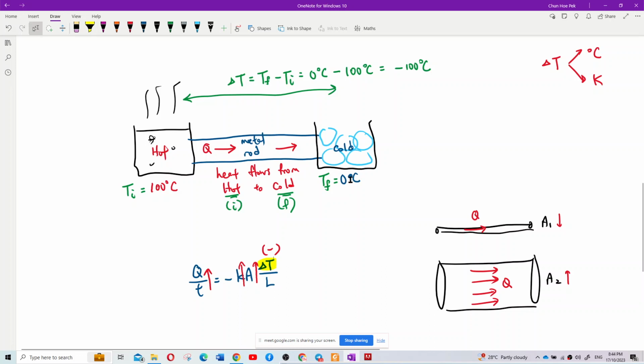Because the cold temperature is the final. Why is cold the final? Because heat never flows from cold to hot. Heat comes from the hot source and always flows from hot to cold. So cold is the final temperature and hot is the initial temperature.